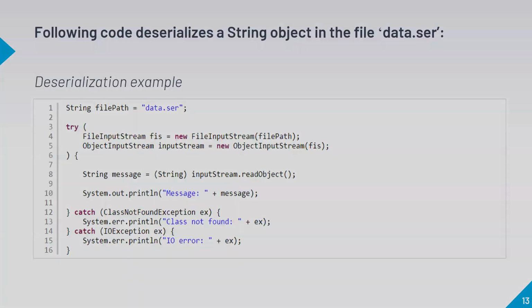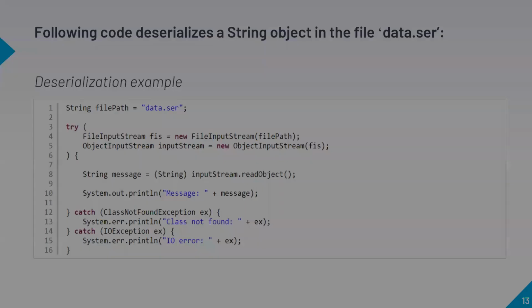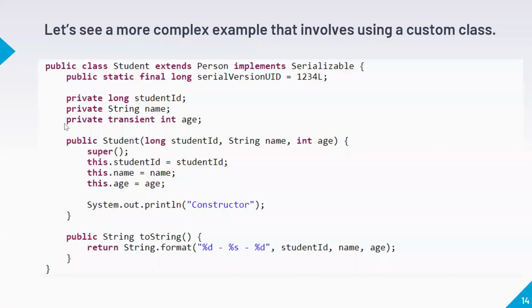Suppose you are implementing the Serializable interface yourself for any particular object, say class Student. Here it is implementing Serializable, and it has a few data variables and a constructor. So this is how you implement serialization for your own custom class. Got it?